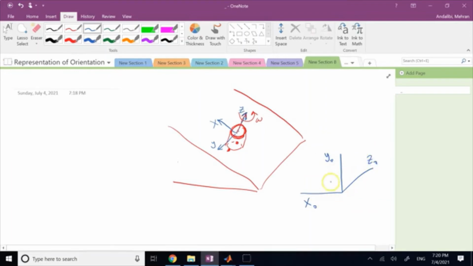So this naught frame is your inertial frame, and this frame 1 is the body attached frame. Your yaw sensor reports this omega, written about frame 1.